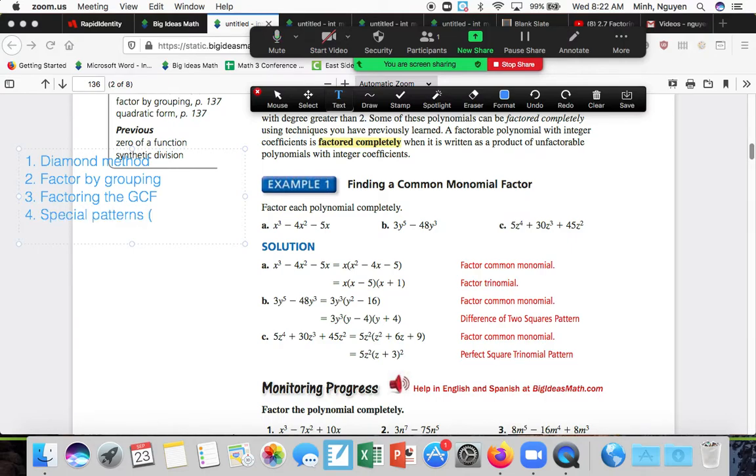So think of difference of squares, sum of squares. Sorry, I'm thinking of binomial square patterns, which is (a plus b) squared, or (a minus b) squared.